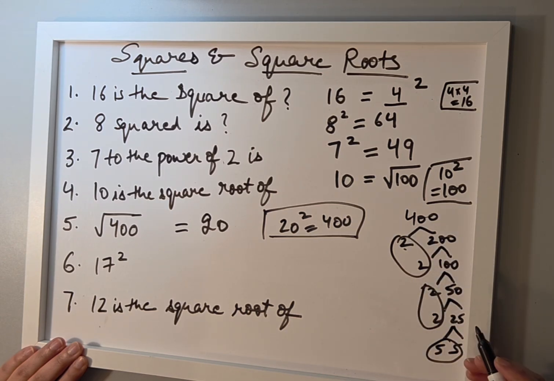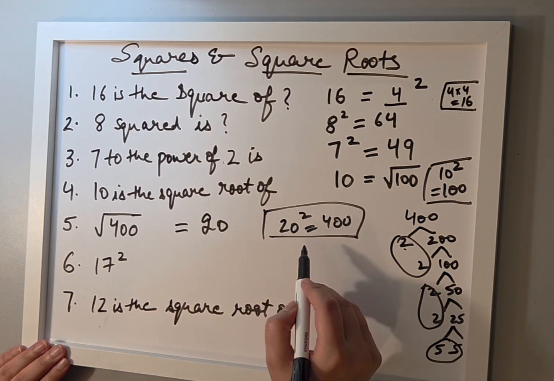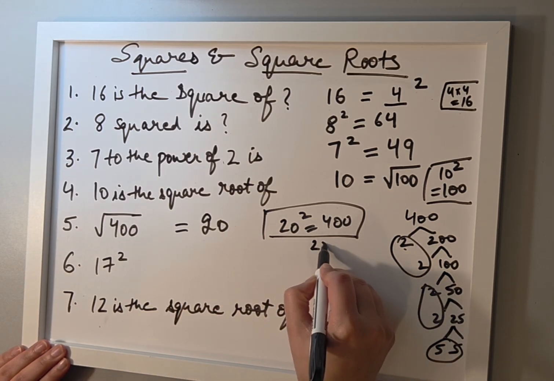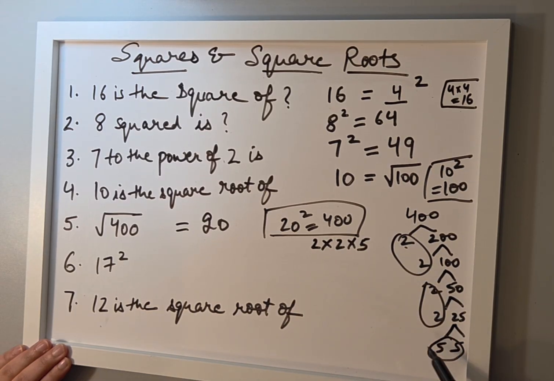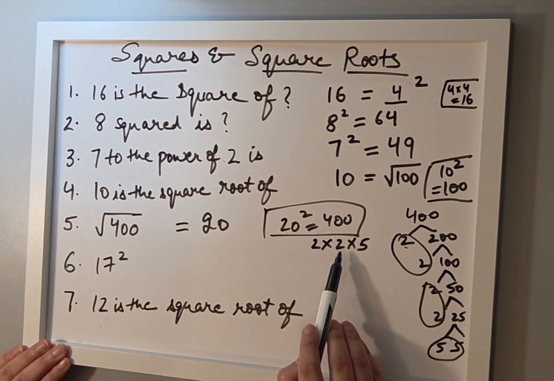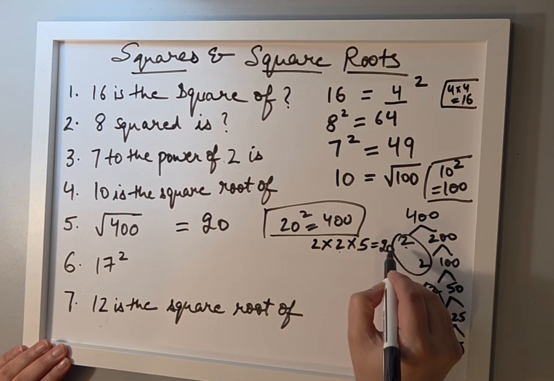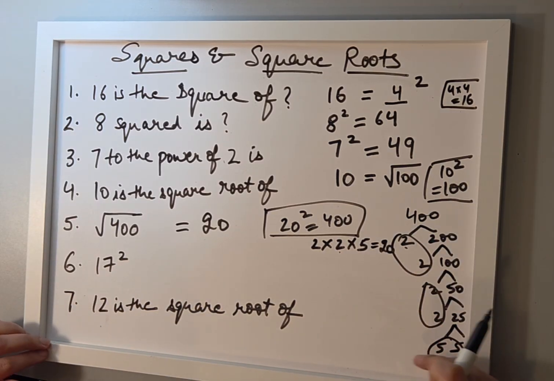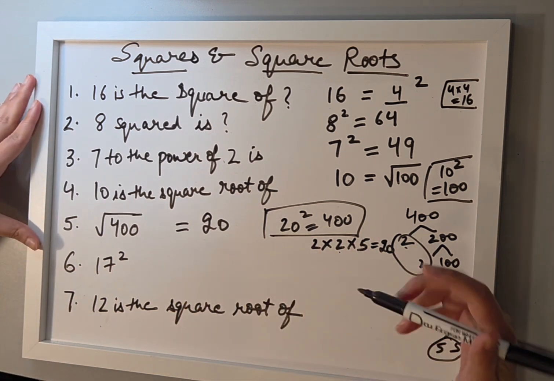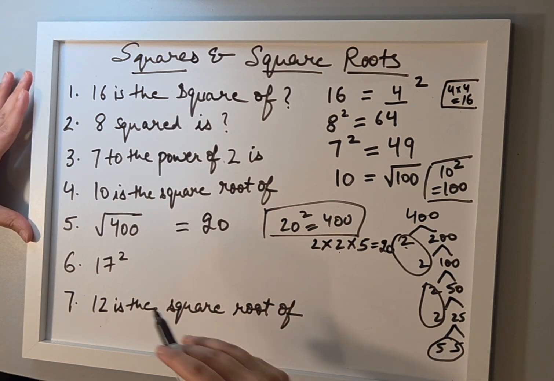We get 2 pairs of 2 and 1 pair of 5. So we get 1 pair of 2, 1 pair of 2, and 1 pair of 5. So 2 into 2 is 4, and 4 into 5 is 20. So again, we've just verified that these are just different methods to find the answer, but all of them give the same correct answer, that is 20.